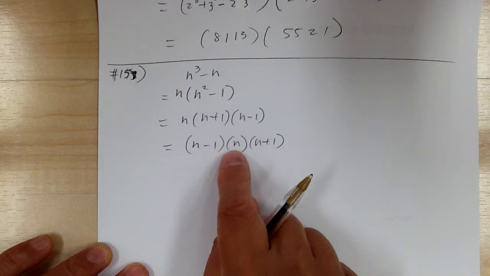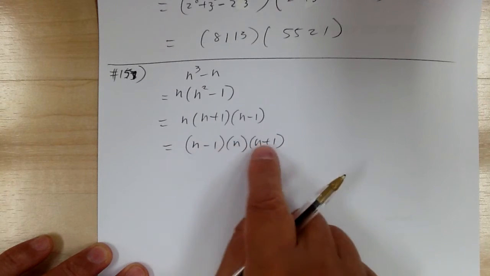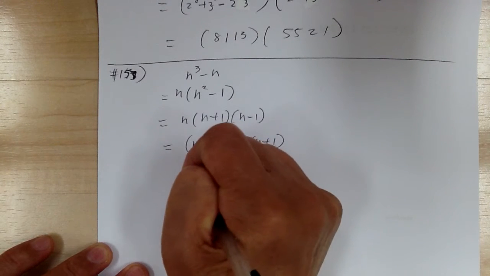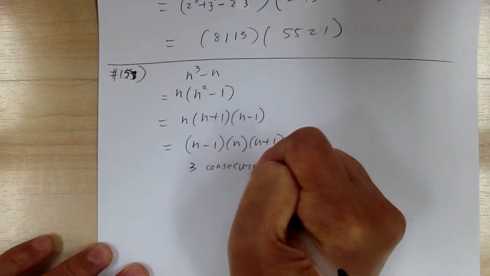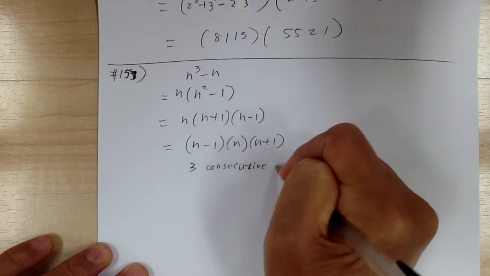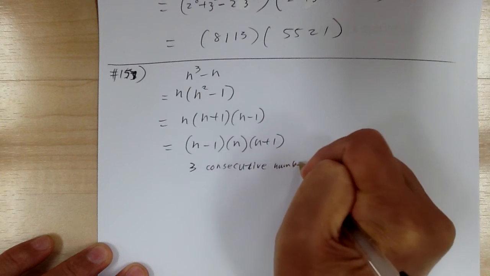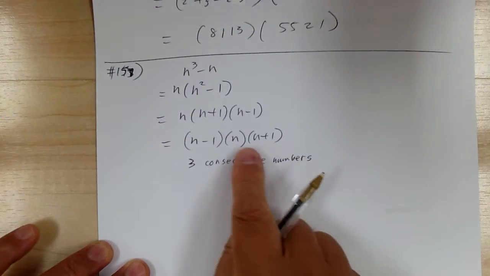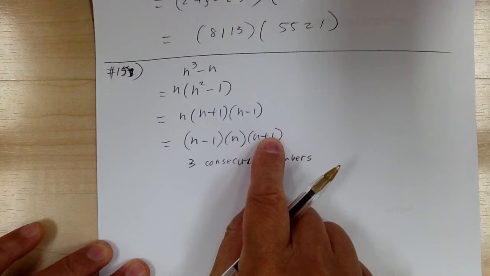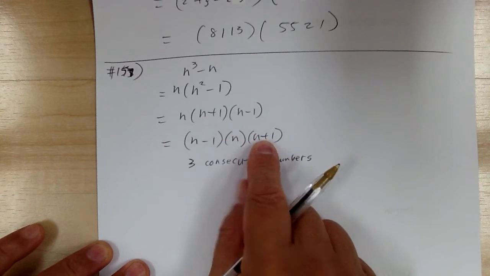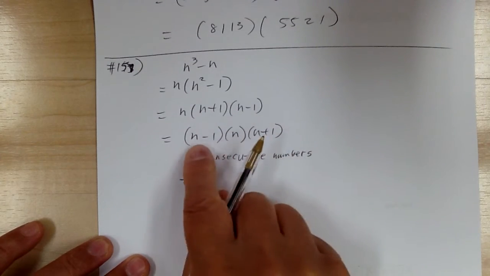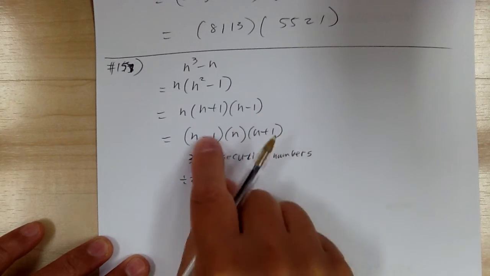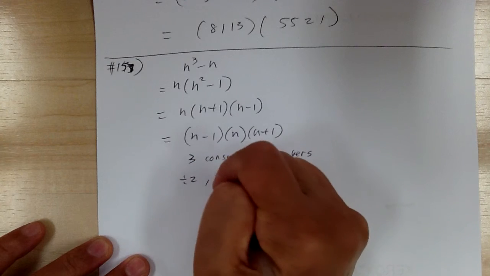So at least one of the numbers is going to be even. That means it's divisible by 2. And because you've got 3 consecutive numbers, it will always be divisible by 3.